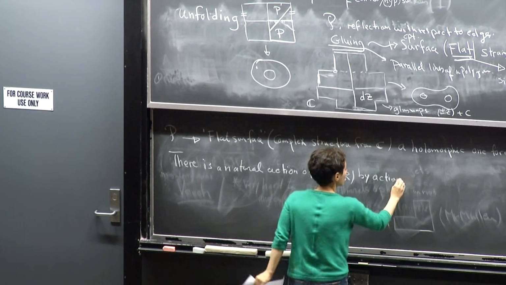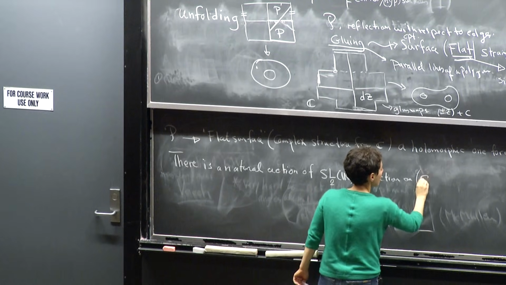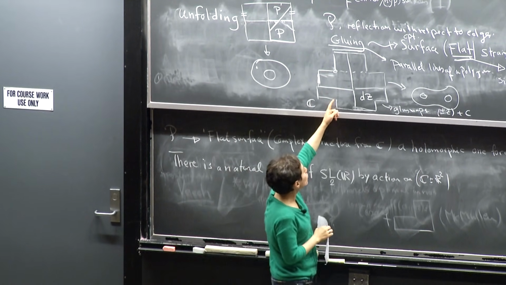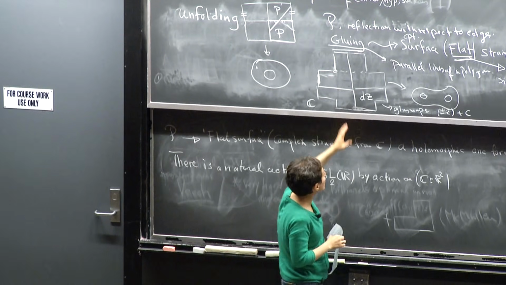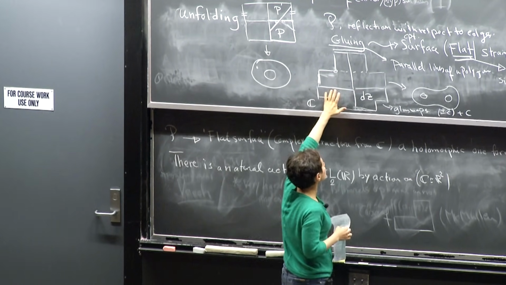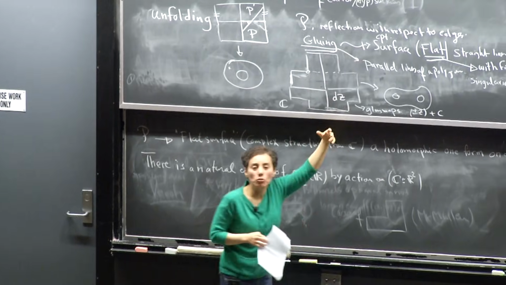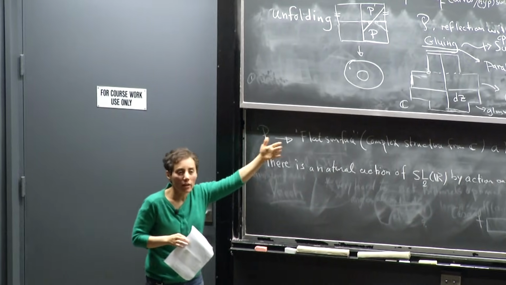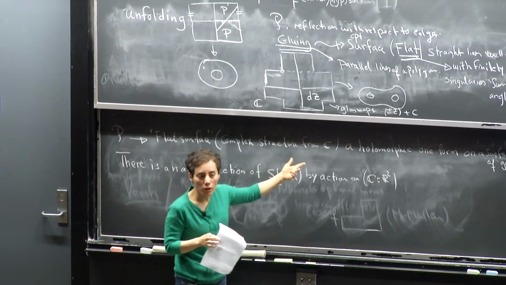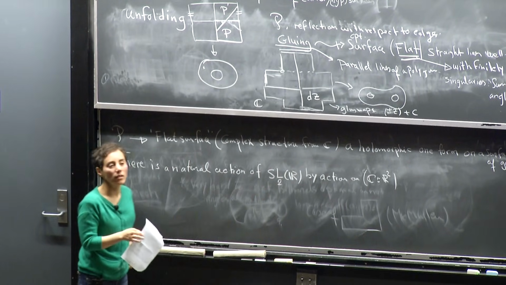So you can just use whatever your element of SL2R does to the polygon, and it makes a different polygon. But parallelism is preserved, so you can glue the same edges and get a different polygon.